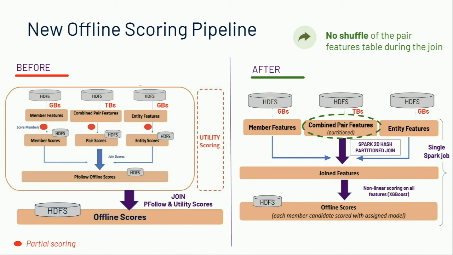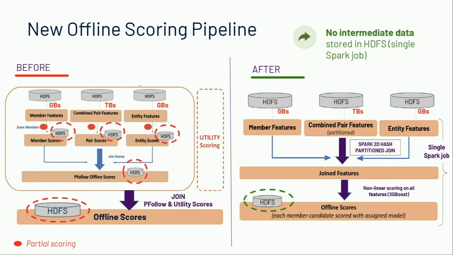Now the tables are pre-partitioned and we can just apply the 2D hash partition join. The second improvement is that we do not have intermediate data stored to HDFS anymore. This whole logic of joining the features together and scoring them with our machine learning models happens in a single Spark job, so we save a lot of disk space, obviously.